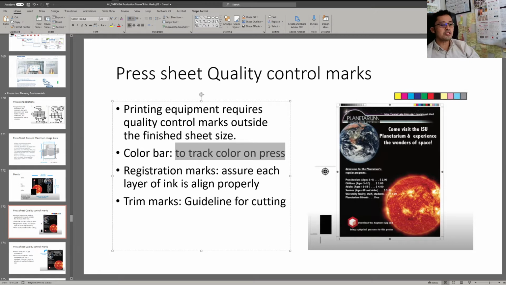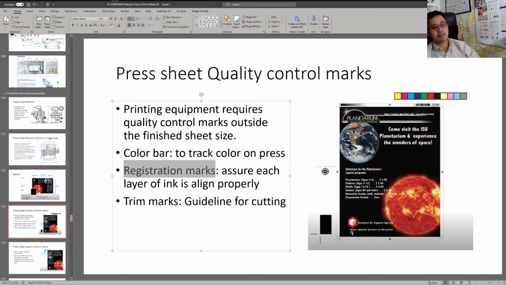What else? Registration mark. Tadi, like in the first session, I have talked about register kan. So we need a marks. Boleh tak kita nak tahu dia pertindihan warna tu tepat atau tidak dengan melihat saja pada image? Jawapannya boleh. Tapi it is difficult, sukar. Sebab di image ni banyak. Ni poster kan.